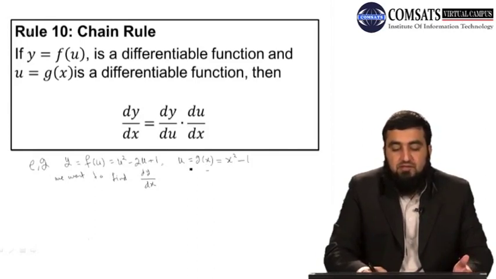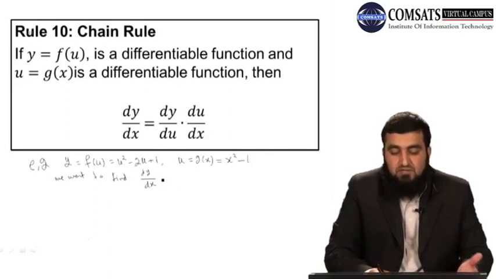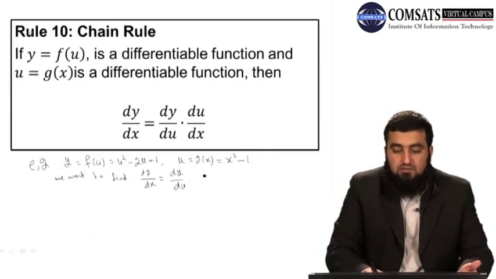So it means that since u depends on x and y depends on u, y also depends on x. So y can also be thought of as a function of x. So we can compute dy by dx, जो कि आपके पास होगा dy by du into du by dx.